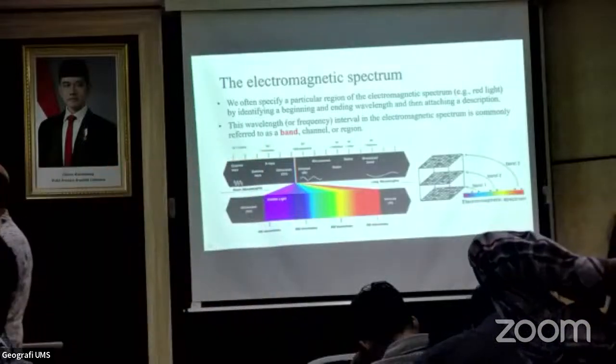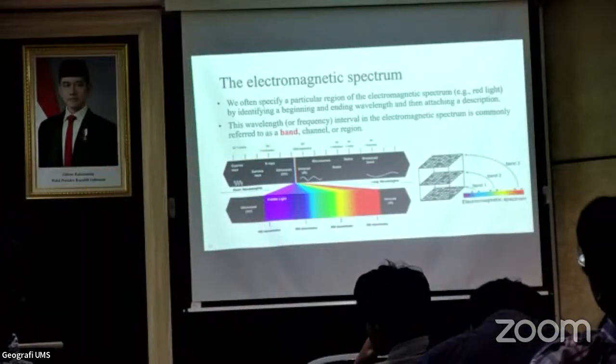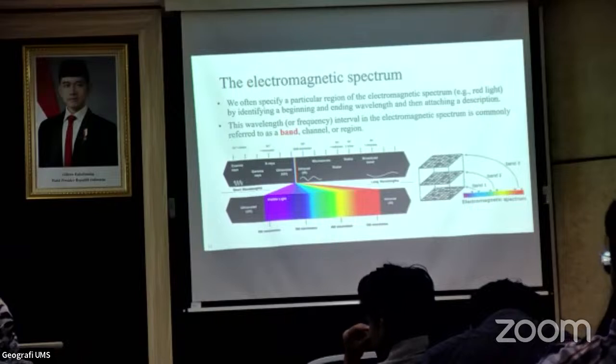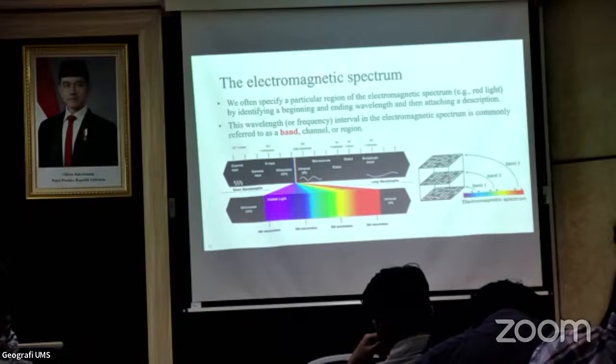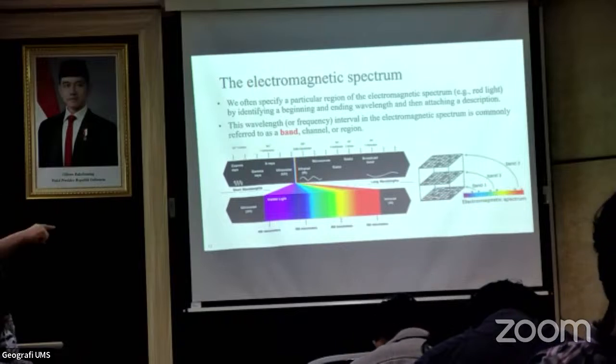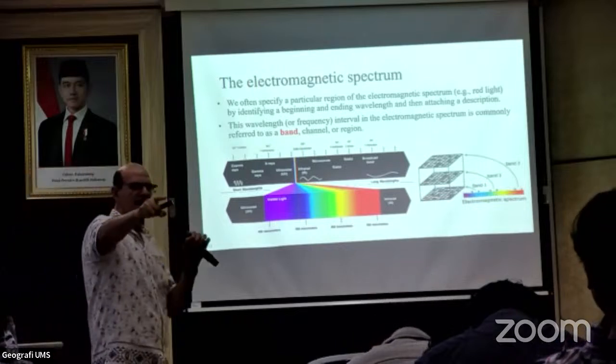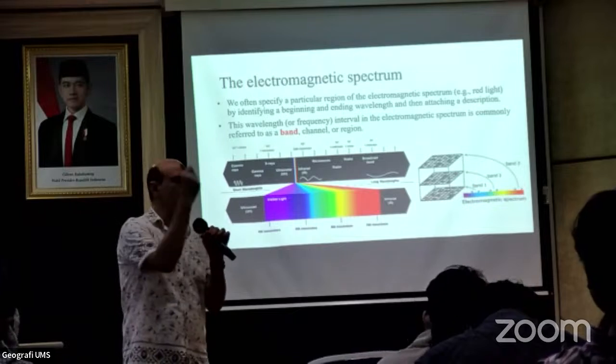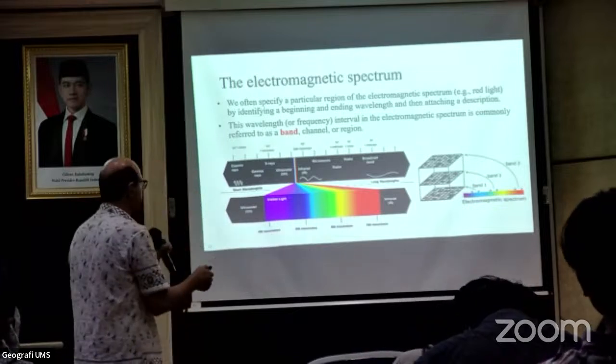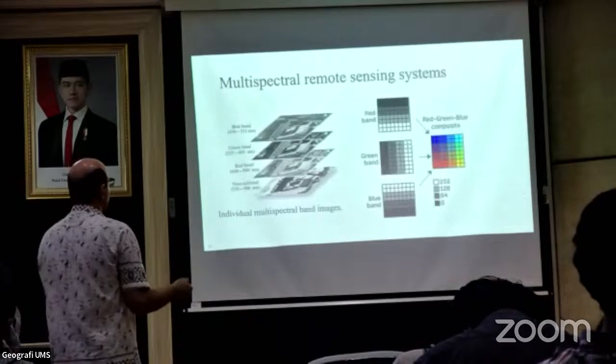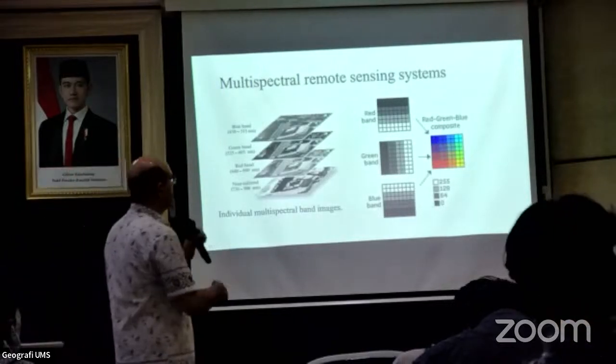A band is a wavelength. It is stored as rows and columns, and in each cell there is a fixed value. That's how the information is stored, and that's what multispectral information is.